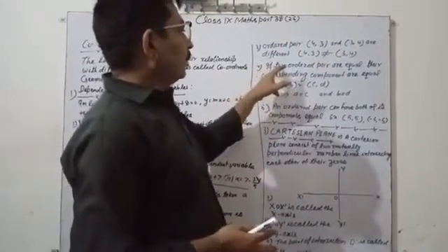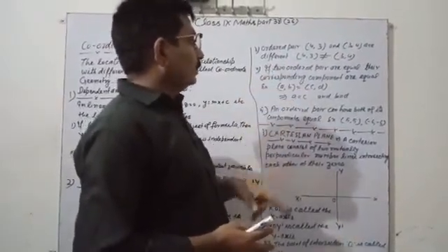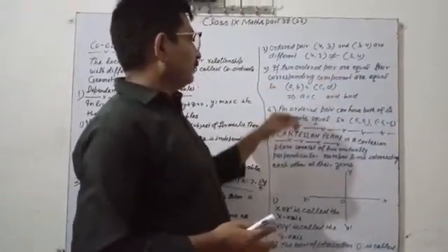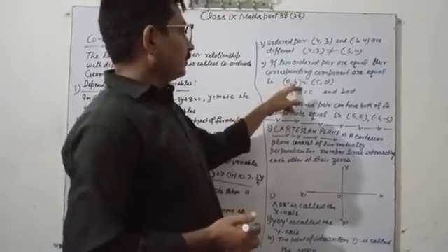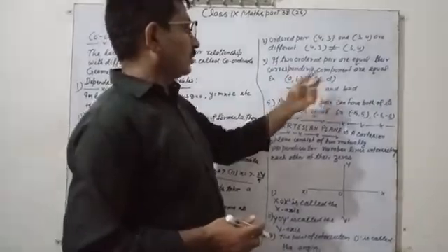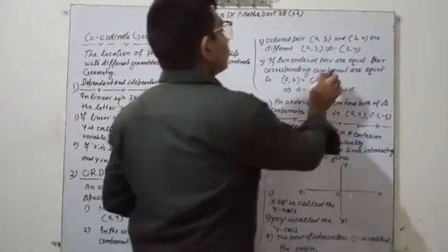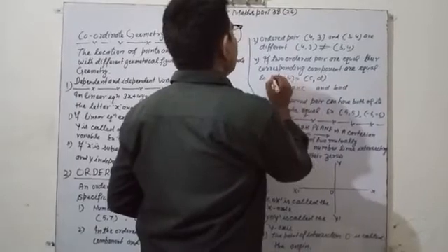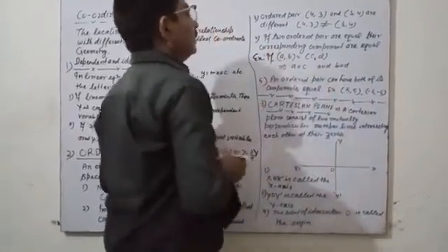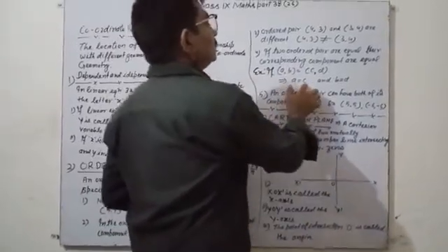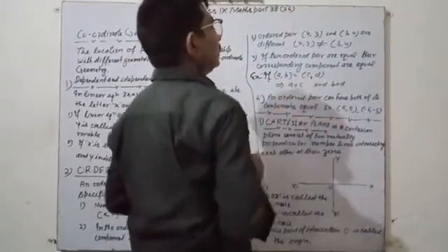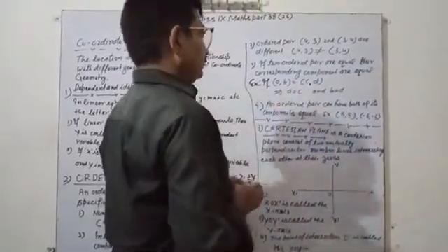If two ordered pairs are equal, their corresponding components are equal. For example, if (a, b) is equal to another ordered pair (c, d), then it is possible only when a equals c and b equals d. It implies that a equals c and b equals d.